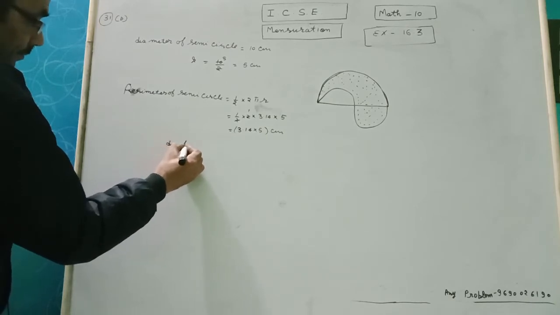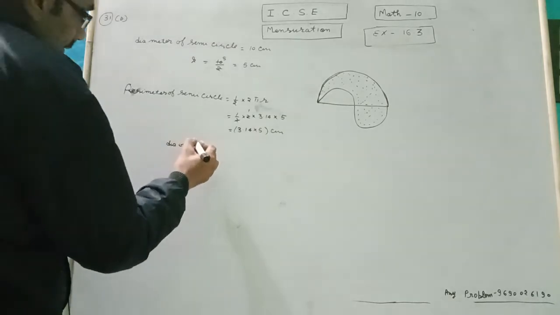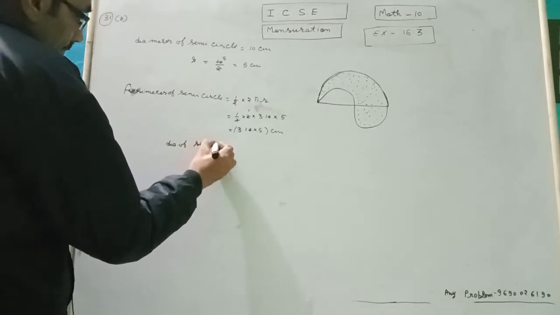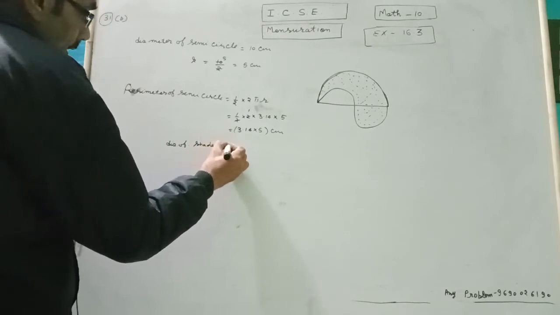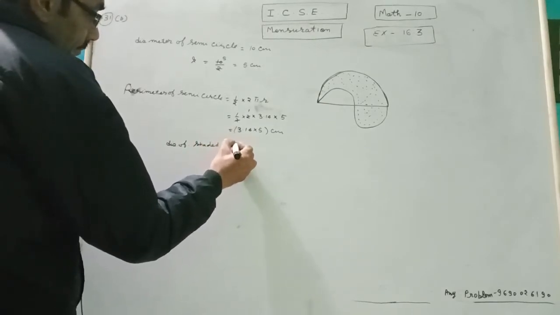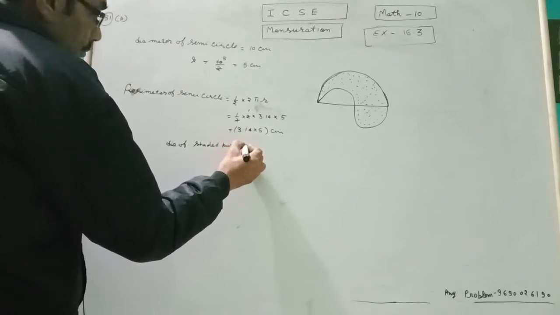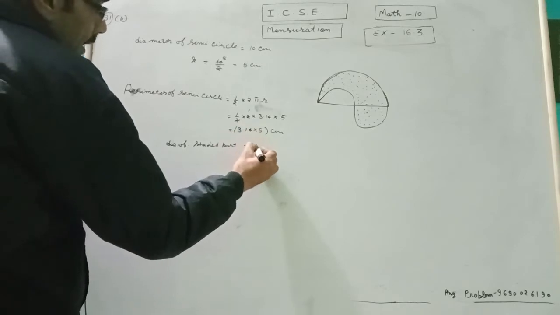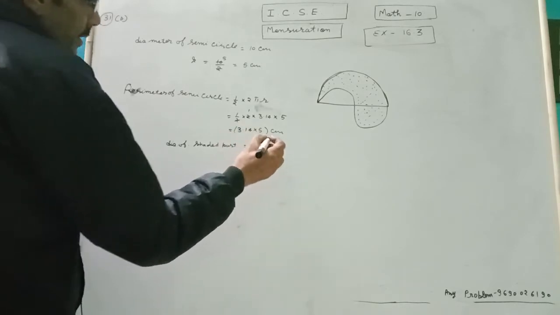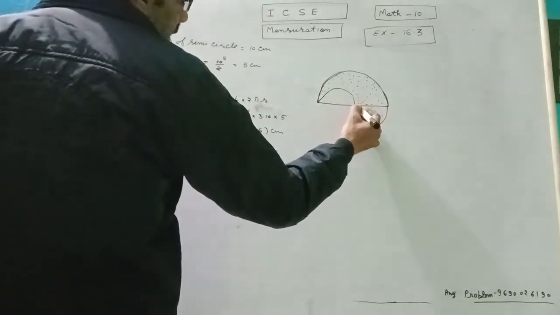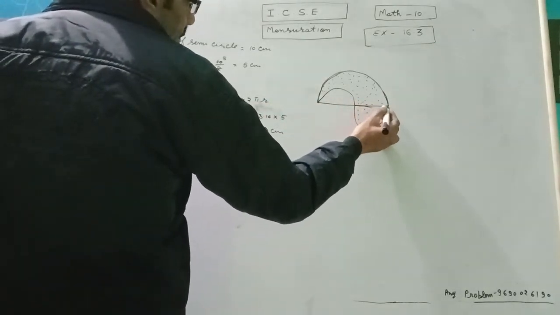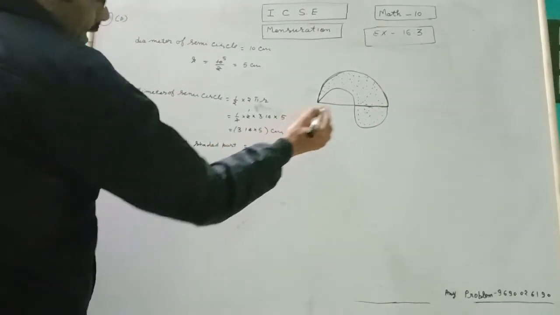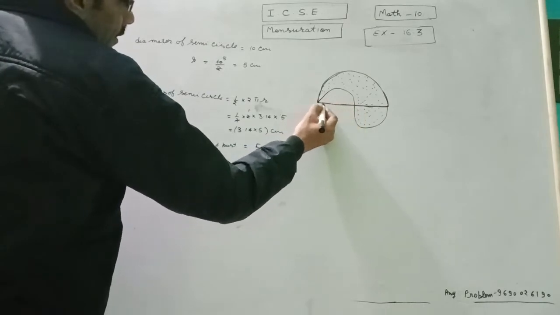Diameter of the shaded part is equal to 5 centimeter, that is the diameter of the semicircle and the unshaded part.